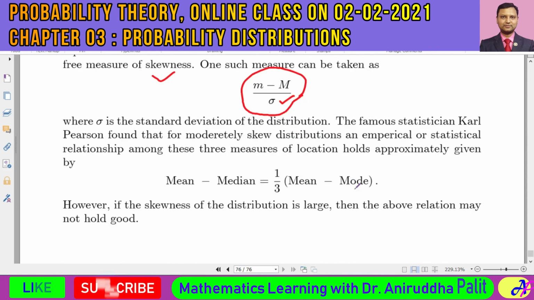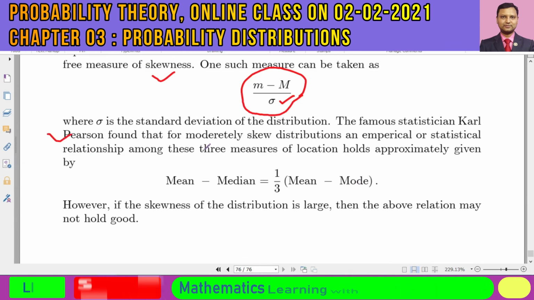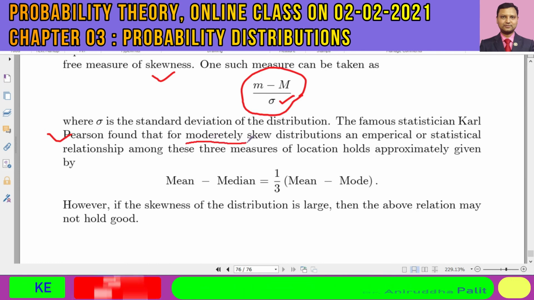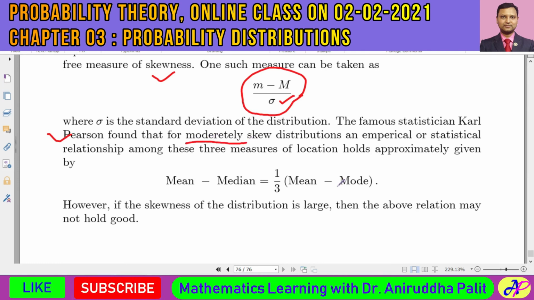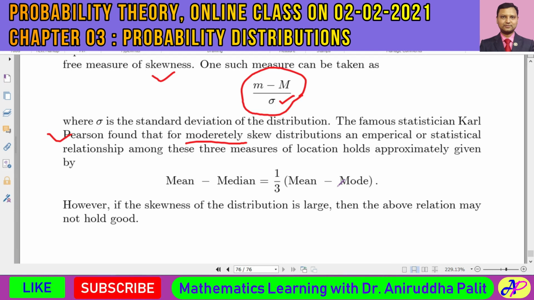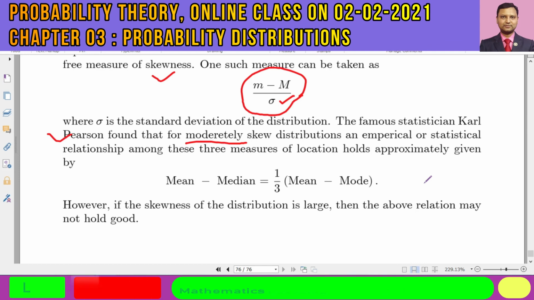The famous statistician Karl Pearson found that whenever the skewness of the distribution is moderate, that means it is not very large and not very small, there is a statistical observation by which he established a relation between mean, median, and mode that is approximately followed in different distributions.